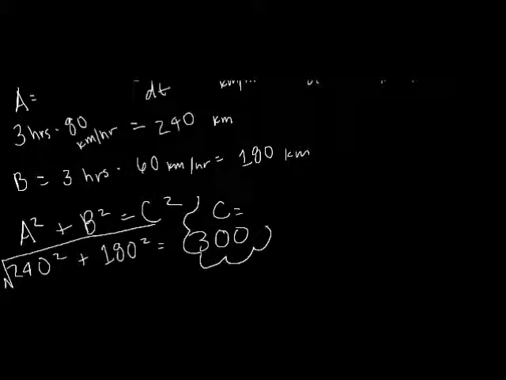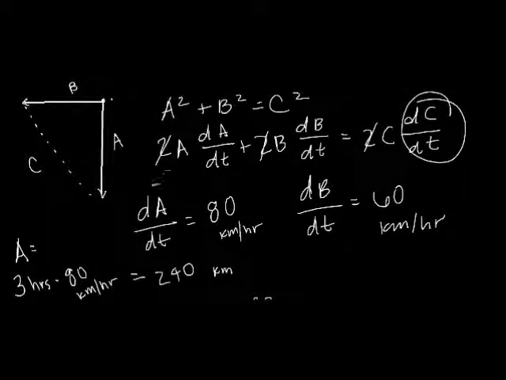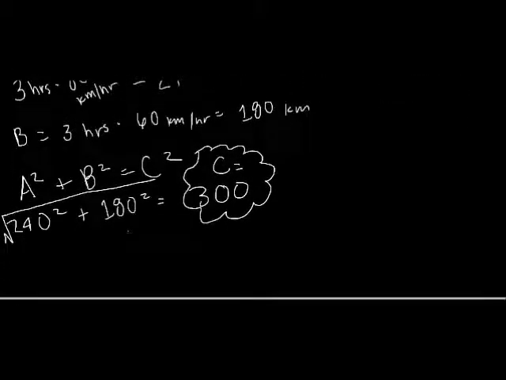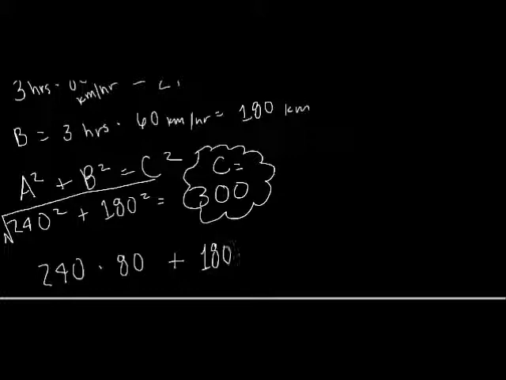Okay, so now we know A, B, and C, and we know dA dt and dB dt. We can just plug it into this equation right here and solve for dC dt. So we have A, which is 240, times dA dt, which is 80, plus B, which is 180, times dB dt, which is 60, equals C, which is 300, times dC dt.